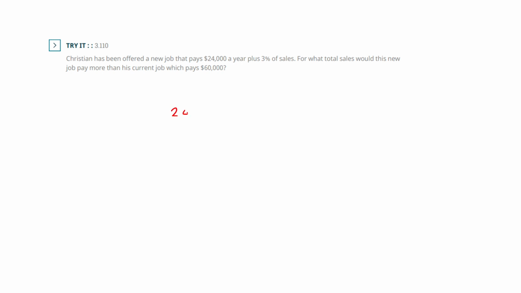All right, so pause this if you want to try it on your own. Okay, that's the base salary plus 3% of his sales. He wants it to pay more than, now it's not at least, it's more than, so he wants to make more than 60,000, so I think it should just be greater than.